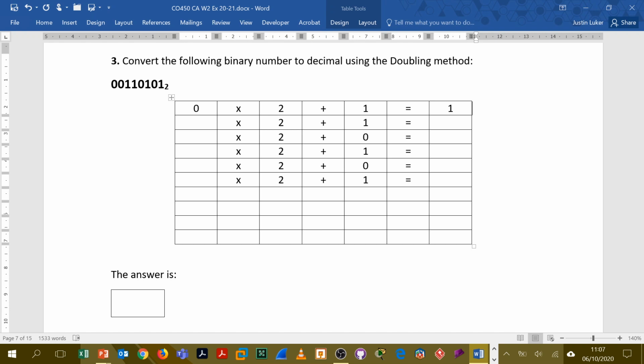Bring that one down. 1 times 2 is 2, plus 1, 3. 3 times 2 is 6, plus nothing, so it means 6. Bring that down. 6 times 2 is 12, plus 1, 13.